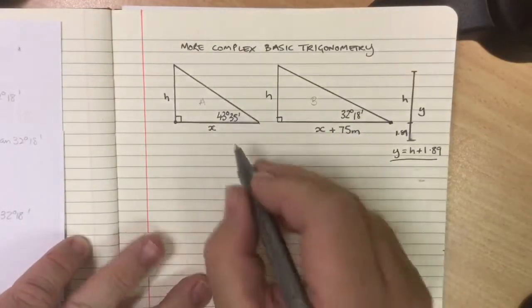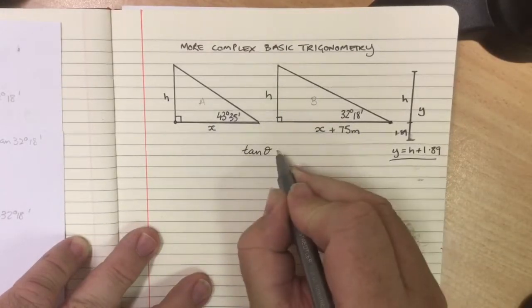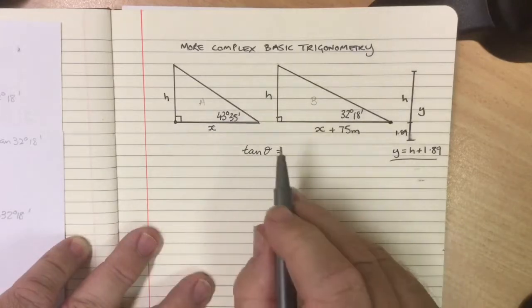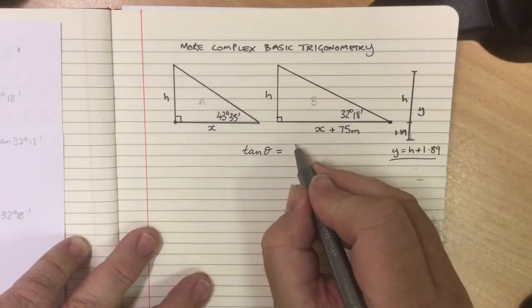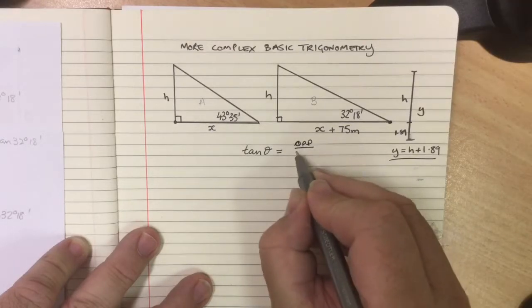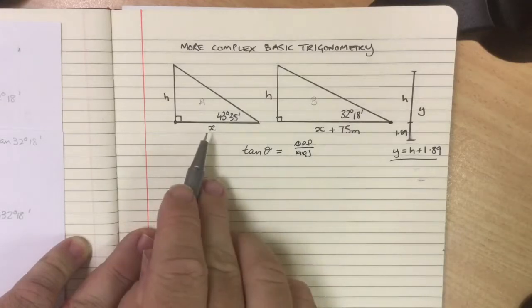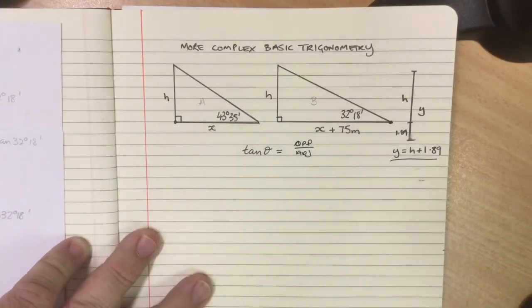I haven't got a hypotenuse, so I'm going to be using the tangent ratio for all of these, and tangent is equal to the opposite over the adjacent. So let's go ahead and put these values in.